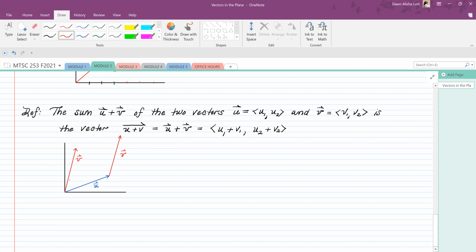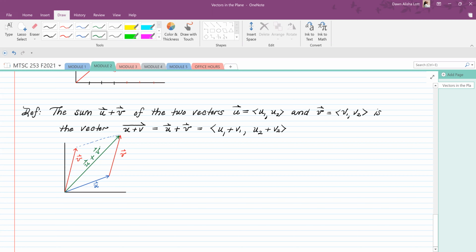Okay. Then I draw the parallelogram between the two, and I take the diagonal of the parallelogram, and this green thing is the vector u plus v. Okay.